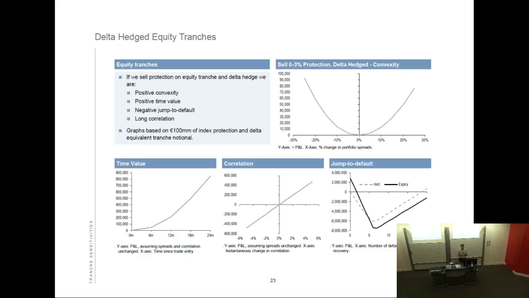But your jump to default exposure now, naturally, is negative, because if there is a default, it's going to hurt you a lot on the equity, and you'll be covered a little bit on the index, but not enough. Okay, so the delta hedged equity tranche is one where you have positive convexity, positive time value, but negative jump to default.